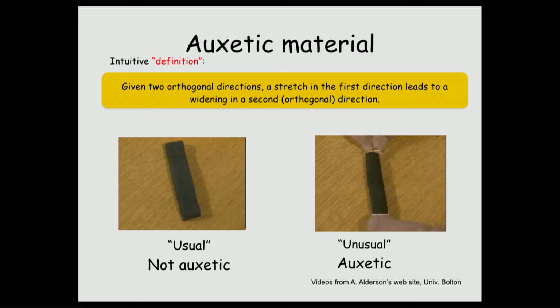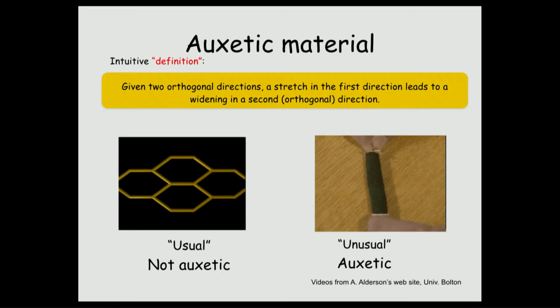So here's intuitively what it says. If I take this structure here and I pull, this is the usual behavior. You pull and you expect it to become thinner. And this is a model, so you think of it being a periodic structure. It's a crystal behind. When you pull in one direction, it becomes thinner in the other direction.